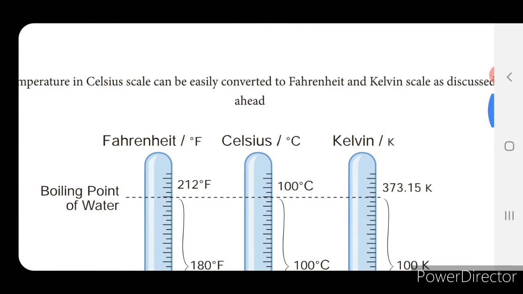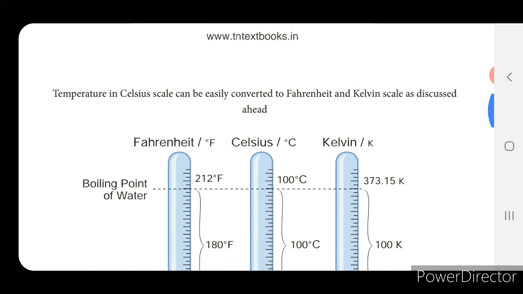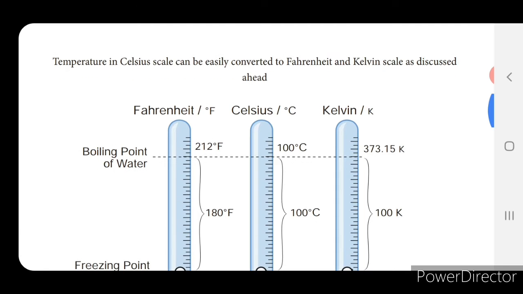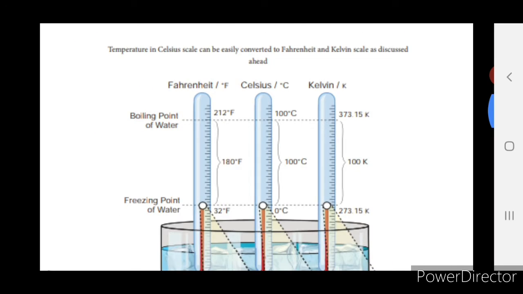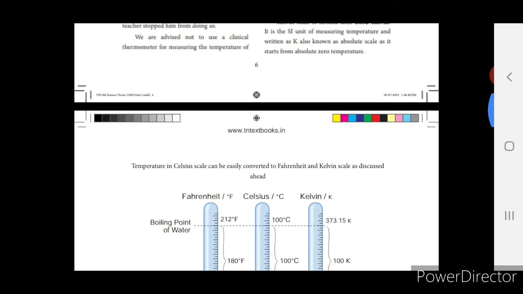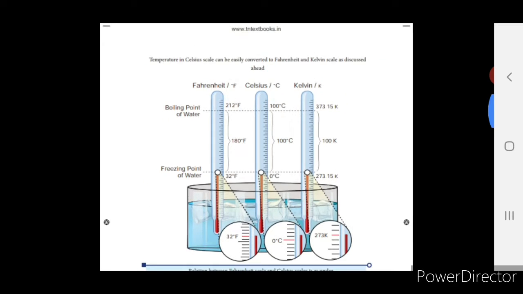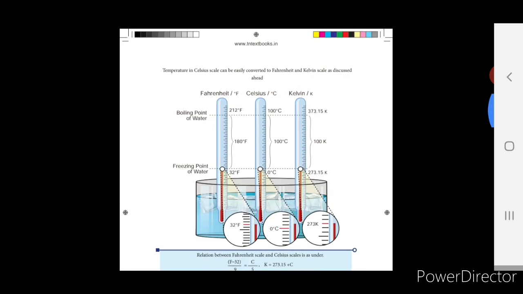Okay children, the next one, temperature in Celsius scale can be converted into Fahrenheit and Kelvin scale as discussed. Here if you see this picture, it is on page number 7. You can take that book and observe from the book also.